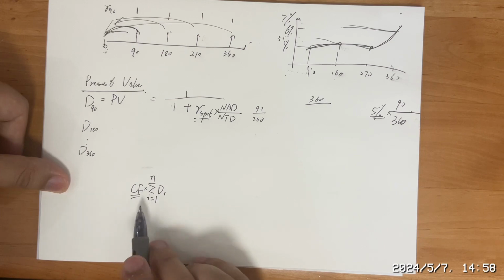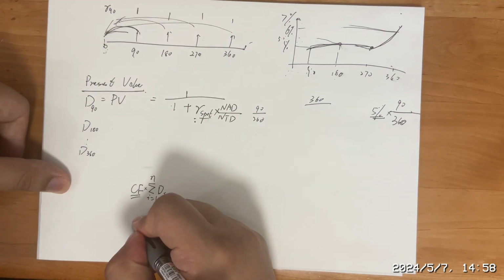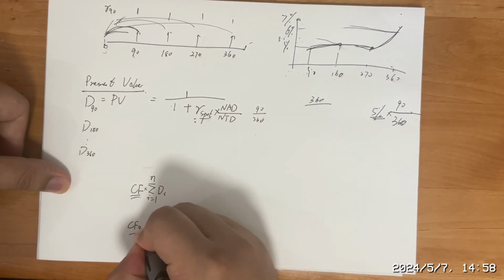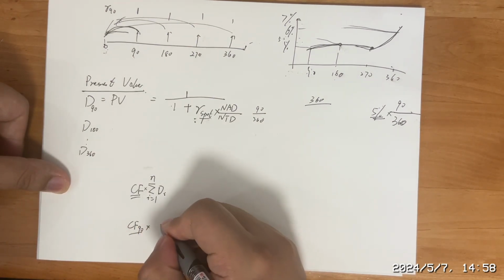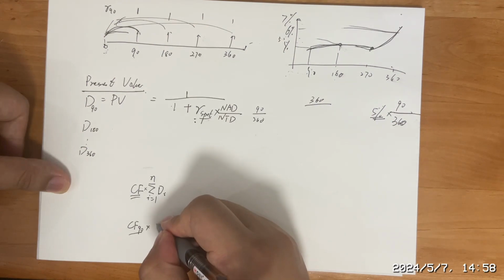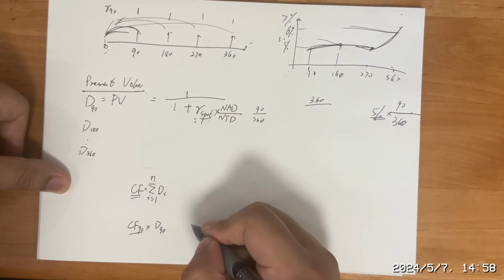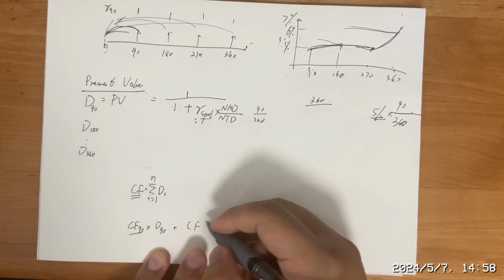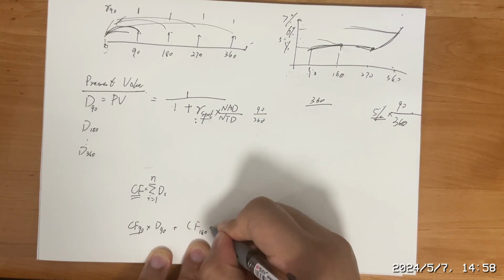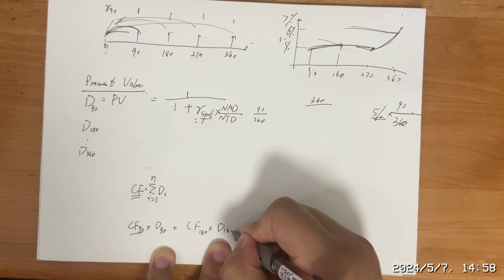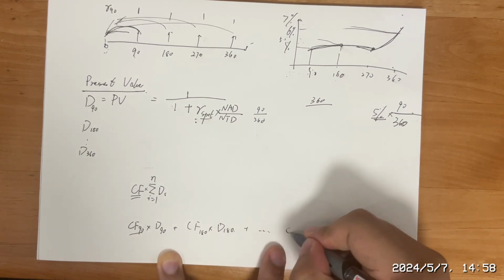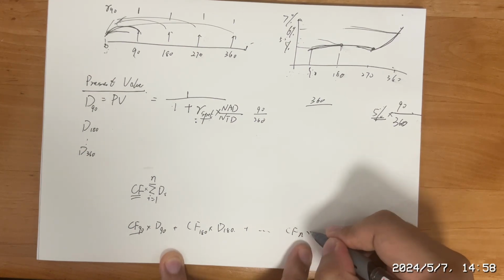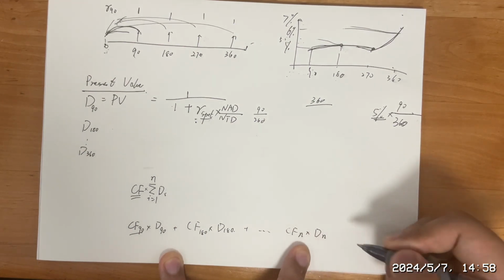So if it's cash flow of 90 days, and you divide it by that discount factor of D90, okay, that's it. And then you add the discounted cash flow of 180, with discount factor of 180, and plus the cash flow n, and multiply that by the discount factor of n.